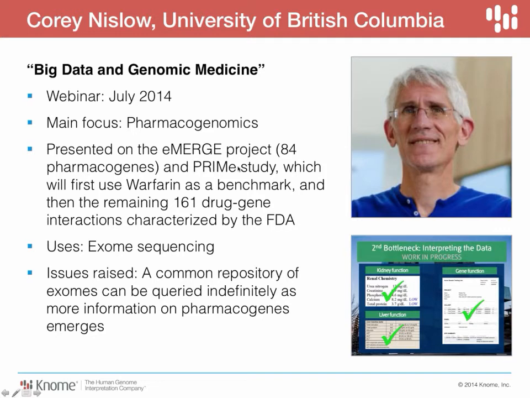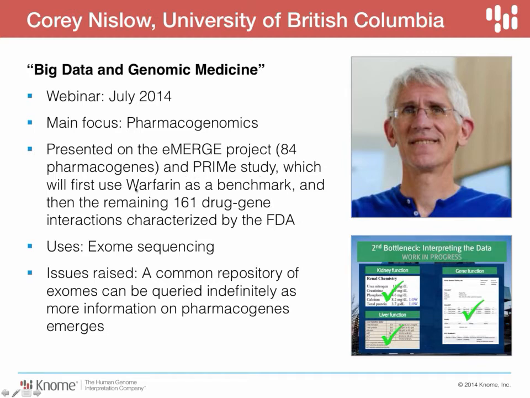The particular themes or areas that he mentioned, we're looking at the genes that are being studied in the eMERGE project, and then a project that they've set up themselves in British Columbia called PRIME, where they are testing out the waters to see how you can go from something that's at this point a little bit academic and really bring it in full-fledged into the clinic, specifically into the pharmacy, working with the pharmacists in British Columbia.